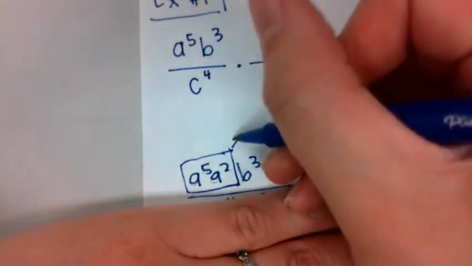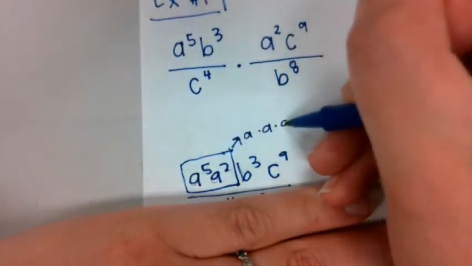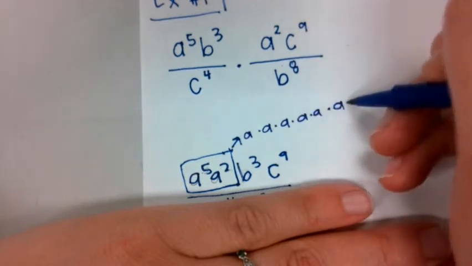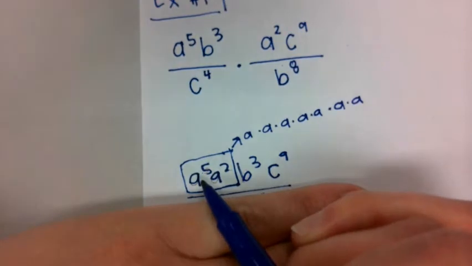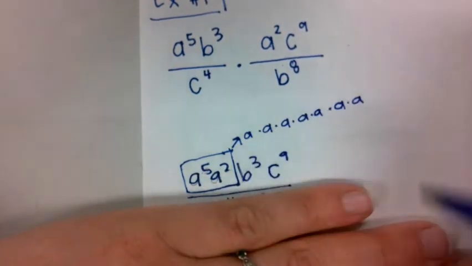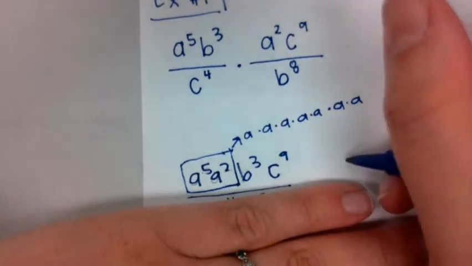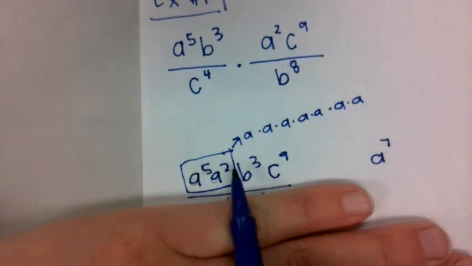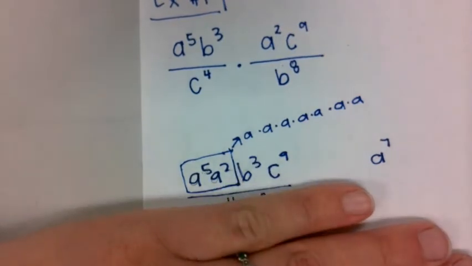Remember, this is just the same as writing a times a times a times a times a, that's 5 a's, times a times a. 5 for the first a and 2 for the second. So if I combine them all together, that means I have a to the seventh power. Or remember, I can just add my two exponents, 5 plus 2.